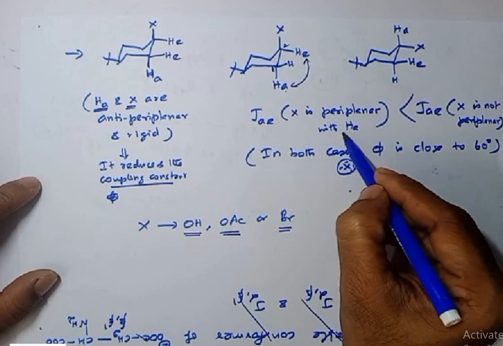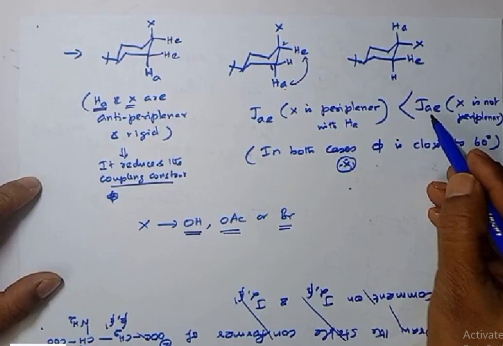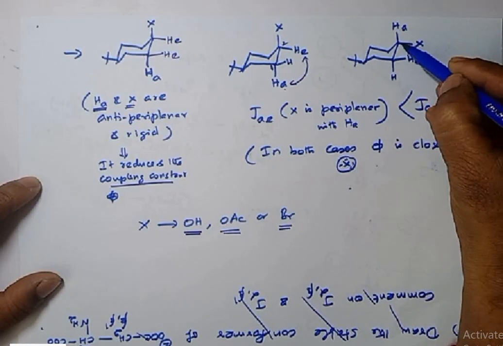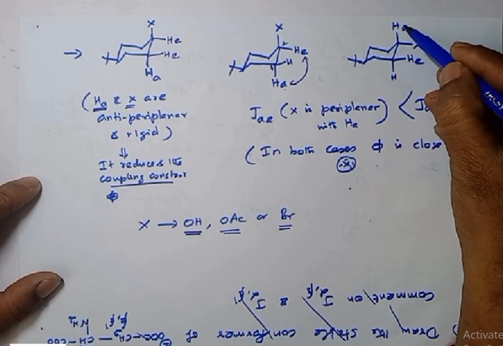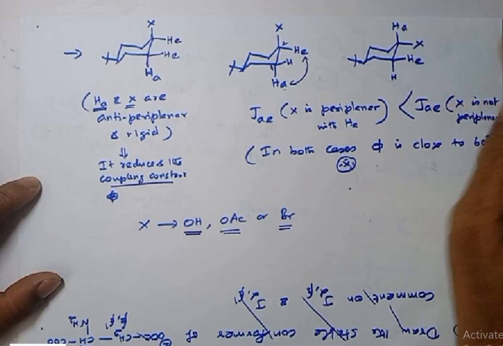When X is periplanar with HA, this coupling constant is less compared to, listen, see here. Now the X group is in the equatorial position and we have a hydrogen atom which is axial, and the axial-equatorial hydrogen coupling constant in this case is greater than the axial-equatorial coupling constant in this case.